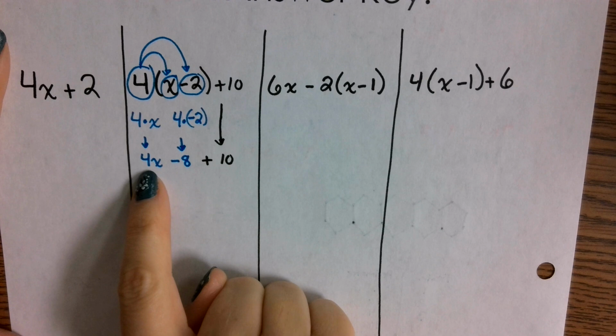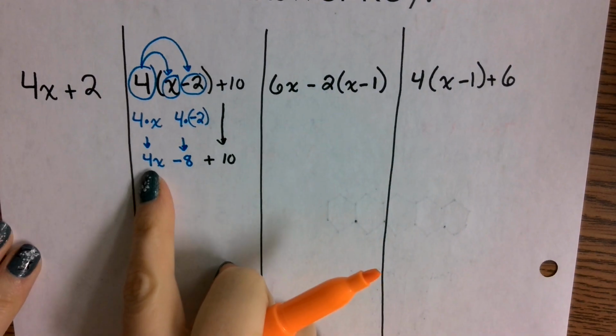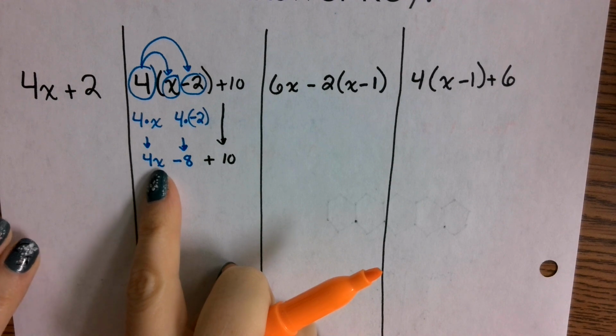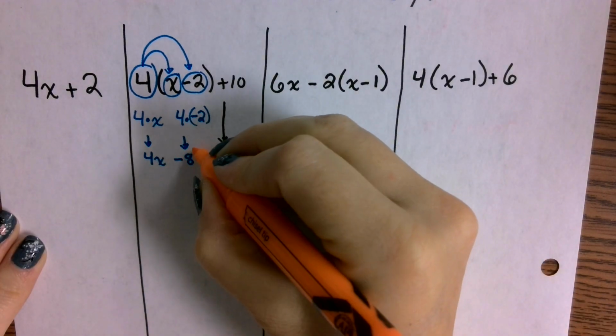Every variable has a coefficient written in front of it. If you don't see a coefficient, then we know that there's an invisible 1 in front of it. So we focus on combining our like terms that we can. We do not have anything that we can combine with the 4x, but we do have 2 constants that we can combine together.